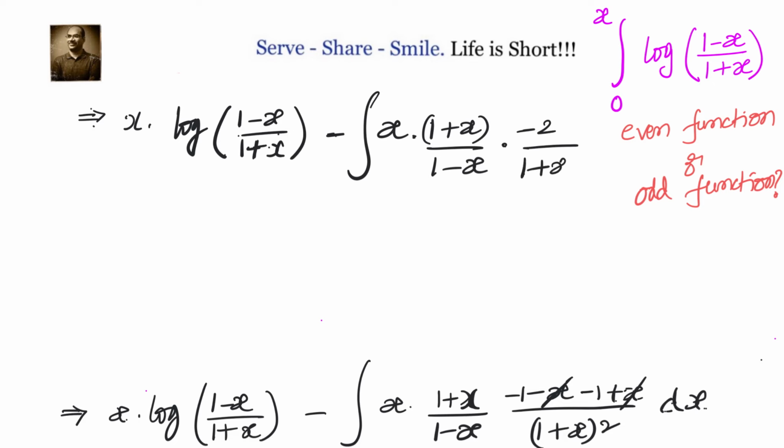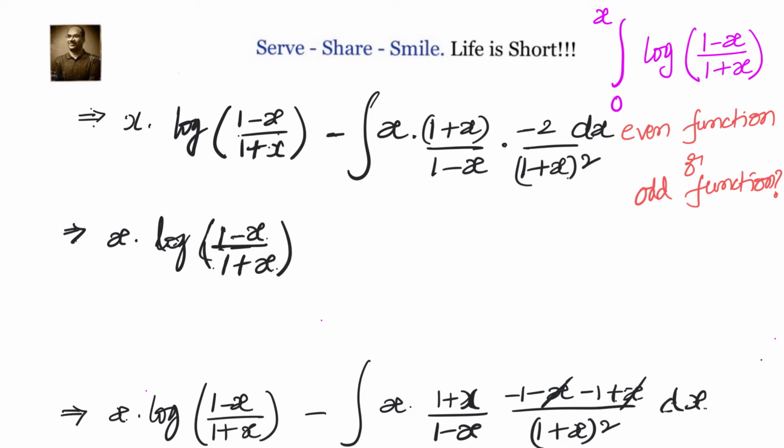Now (1 plus x) will cancel one time. So in the next step, we will have x log (1 minus x) by (1 plus x) minus, as we said, (1 plus x) cancels one time, we will have plus 2x divided by 1 minus x square.